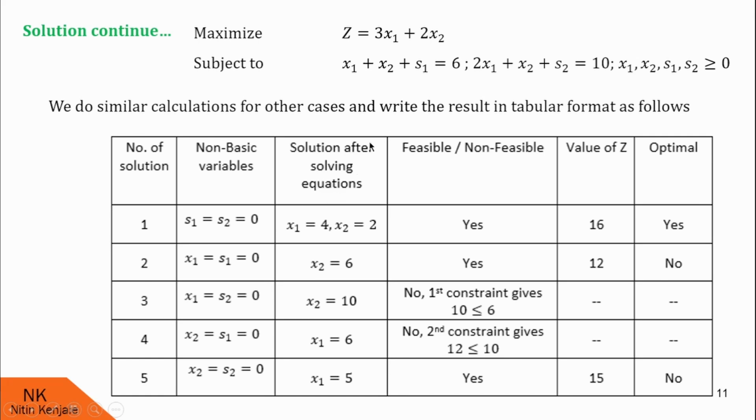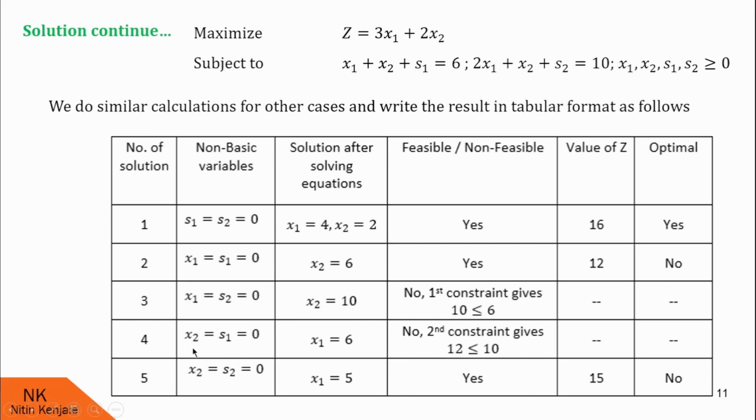These equations are nothing but the constraints. The solution is obtained by substituting these non-basic variables equal to 0 and solving the equations obtained. Here we are going to write whether the solution is feasible or not feasible. So far we have seen these three cases where the first two cases turn out to be feasible solutions and the third one is not a feasible solution.